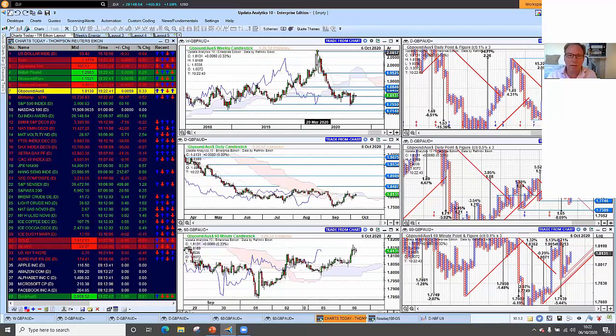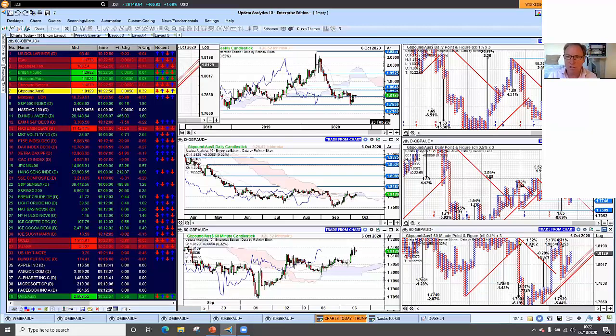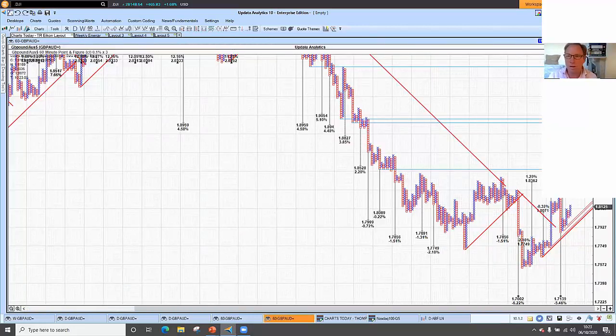Here we see sterling was as much as 208. It's now got as low as 175, and I've got this 165 target here. The long-term chart has now changed. Short term, we are just seeing a little bit of a resurgence in sterling, so that's quite key.